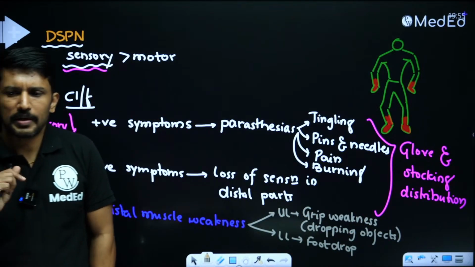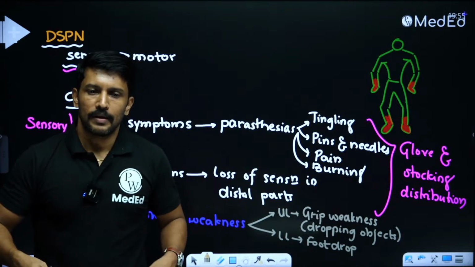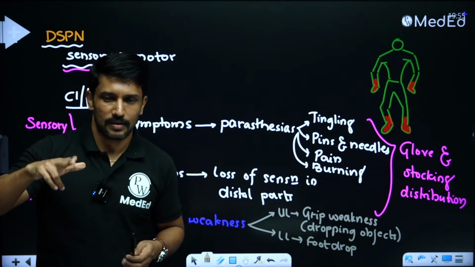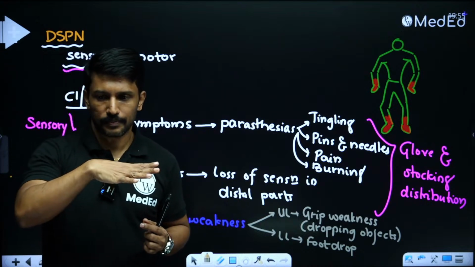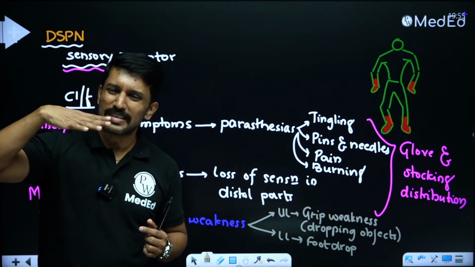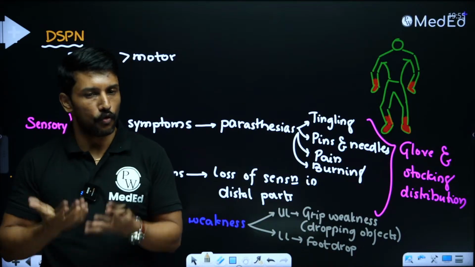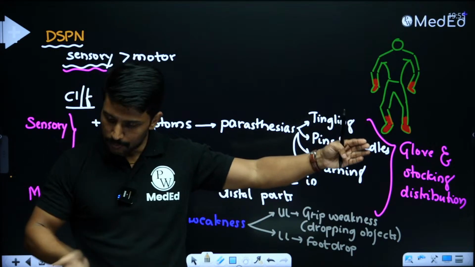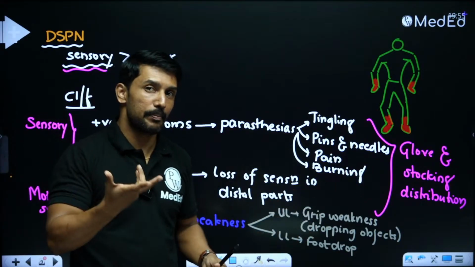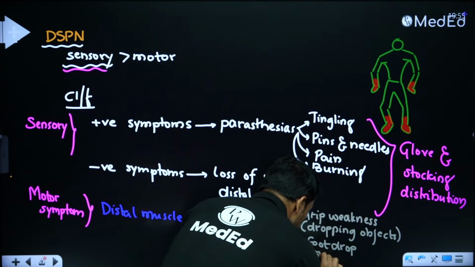Often, एक बहुत common complaint मैंने सुना है from the patients of diabetic neuropathy, that when they wear the slippers, not the shoes or the modern sandals, but the slippers, to hold the slippers tightly while walking, we need the strength of small muscles of the feet. लेकिन अगर वो weak हैं, they may not be able to hold the slippers. तो वो आगे चले जाते हैं, slippers पीछे रह जाते हैं, right? Slipping of slippers.